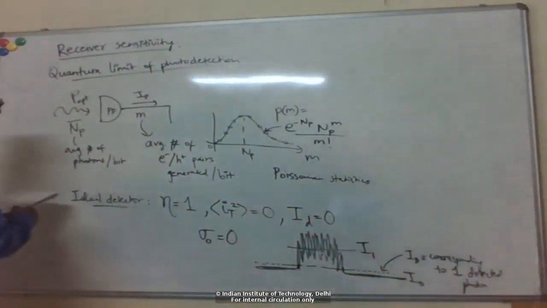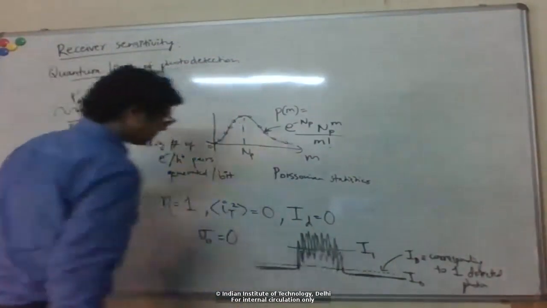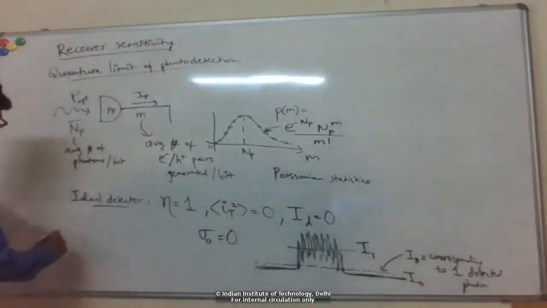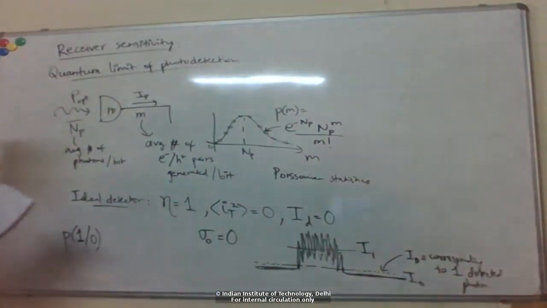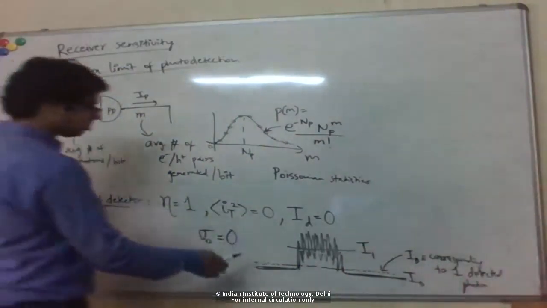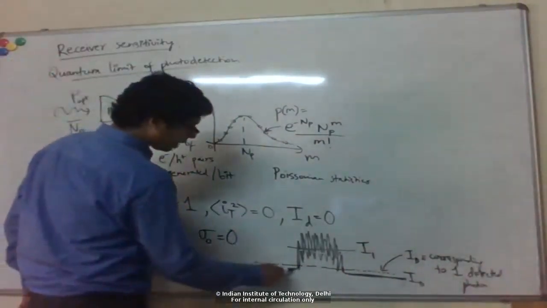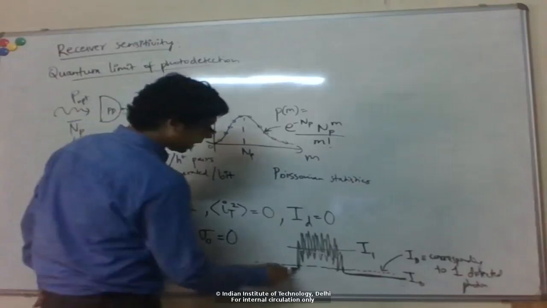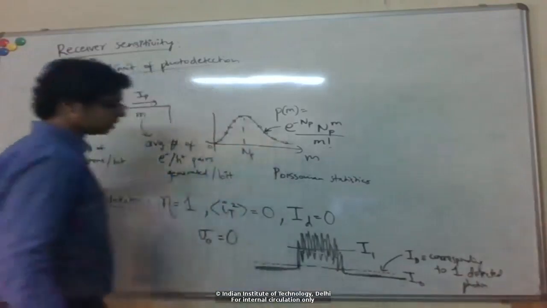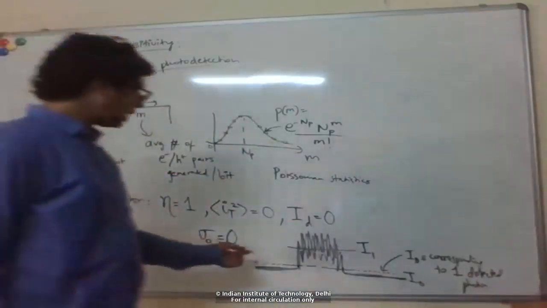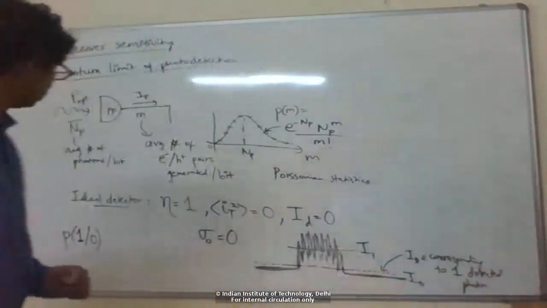Okay, so if I set the threshold like this, what are my errors now? First, the probability that I detect bit 1 given bit 0 was sent. In this case, if bit 0 was sent, then what I am receiving is an ideal 0 with no noise, which means there is no way that I will detect even one photon.